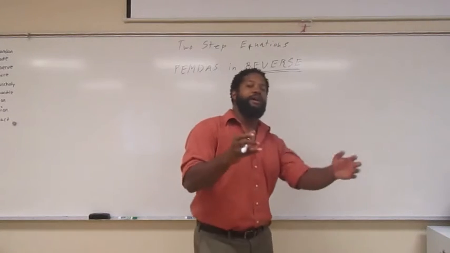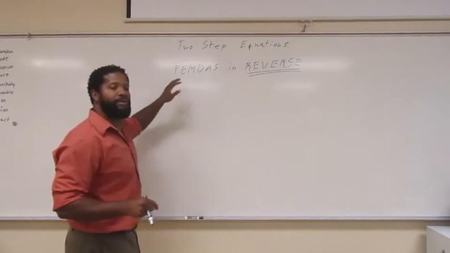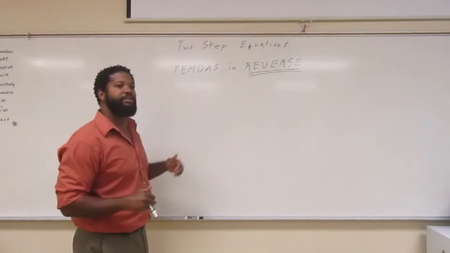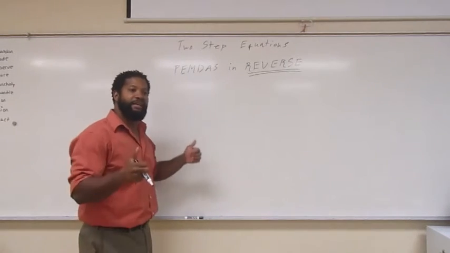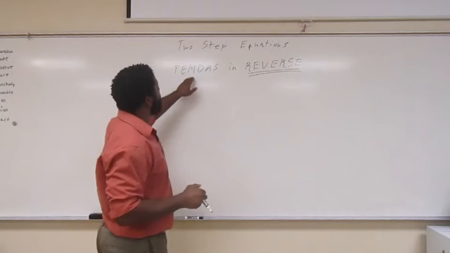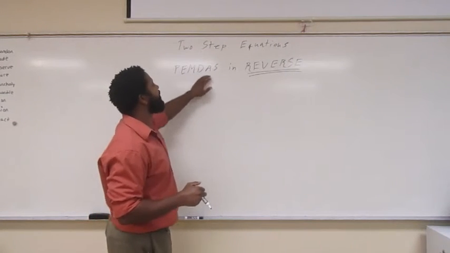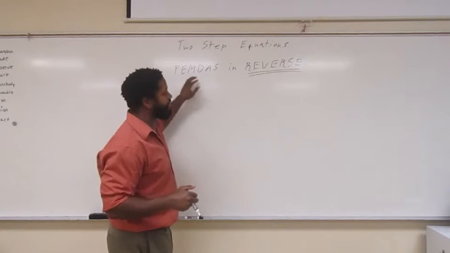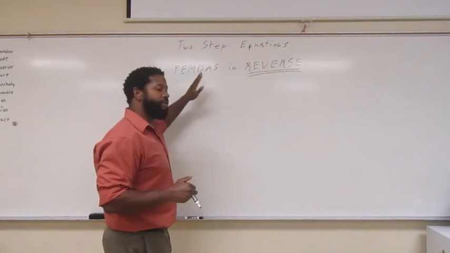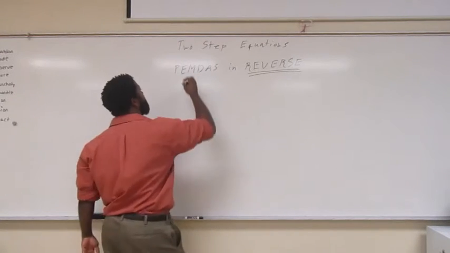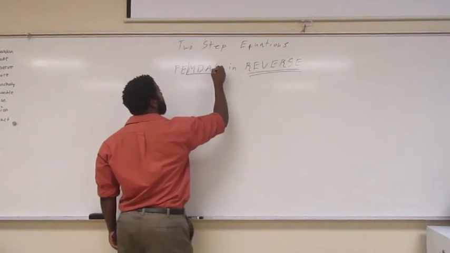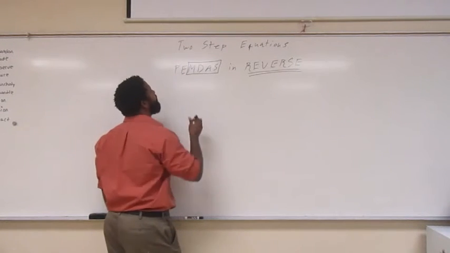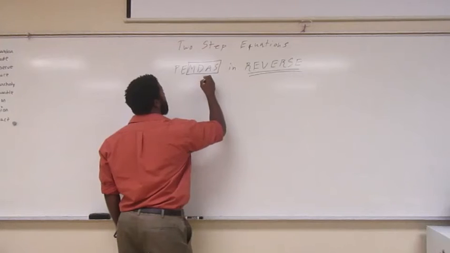Well, in PEMDAS, you're doing parentheses first. Yes, that's good. You're doing exponents first. Yes, that's good. But with the multiplication and division and addition and subtraction, when doing this part right here, boom, you flip them.